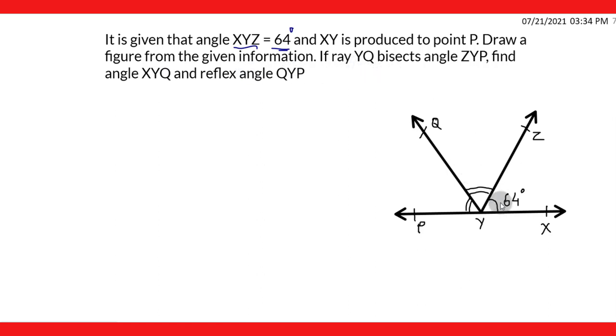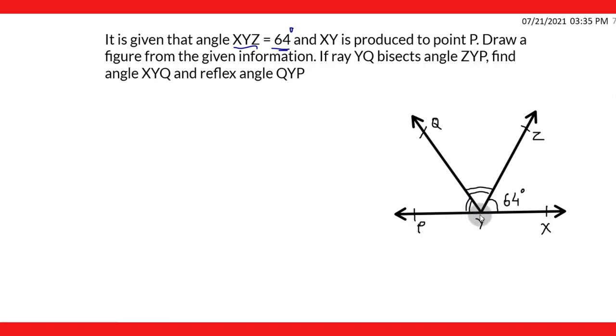If ray YQ bisects the angle ZYP, this angle is ZYP, and it is given that YQ bisects this angle. So here it means that it is dividing it into 2 equal parts.